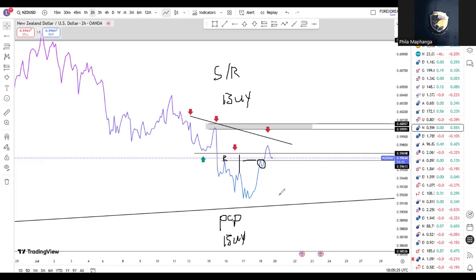Now, if they buy here, where are they going to exit? If you can highlight on my screen, please highlight on my screen. If you were to buy on that continuation pattern or on that resistance, where were you going to exit and why?